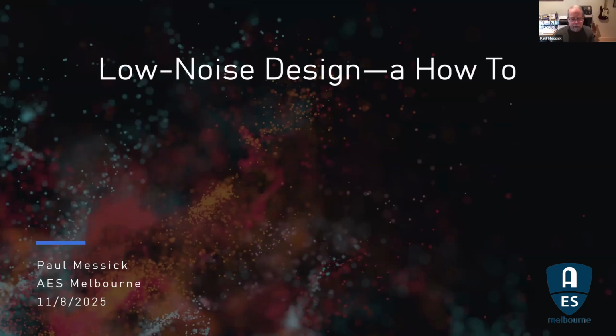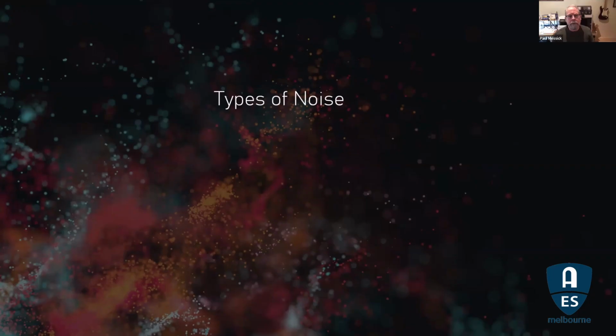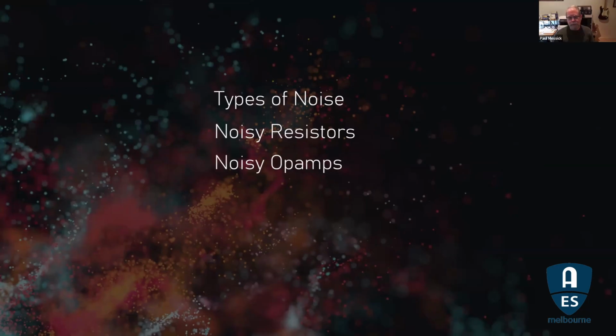So I wanted to start with a little bit of what we're going to talk about. We're going to talk about the types of noise that you might run into in electronics. Noisy resistors, which is all of them. Noisy op amps, which is all of them.